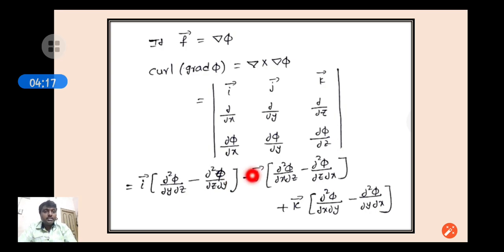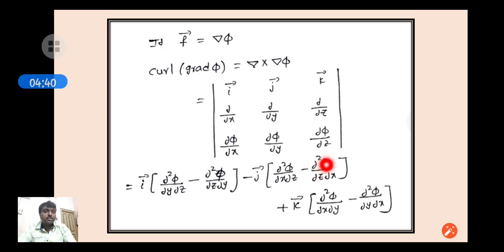Next, minus j bar into, by deleting the second column and first row, you can calculate the 2 by 2 determinant. So dou by dou x of dou phi by dou z, that is dou square phi by dou x dou z, minus dou by dou z of dou phi by dou x, that is dou square phi by dou z dou x.